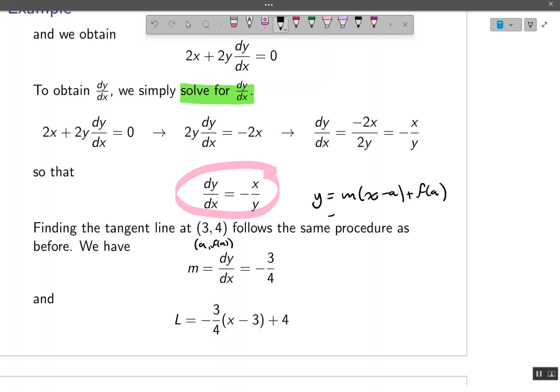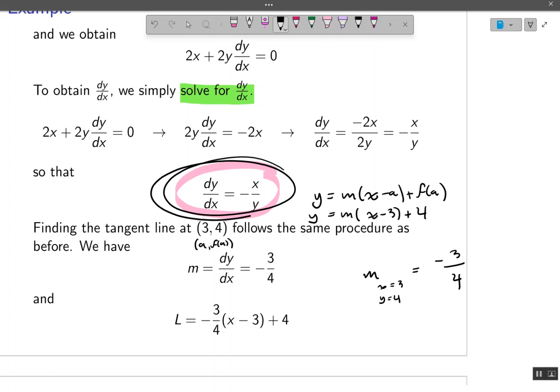So we can plug in 3 and 4. All we're missing is the derivative. So m, when x equals 3 and y equals 4, is going to be negative 3 divided by 4 using this, right? The derivative is the slope of the tangent line. So we plug that into here and we are done.